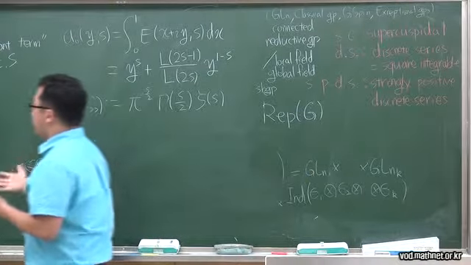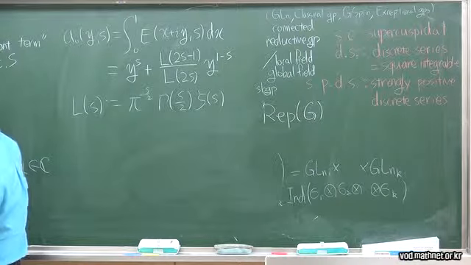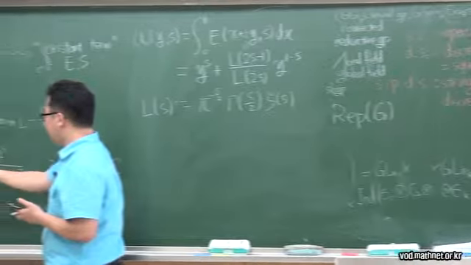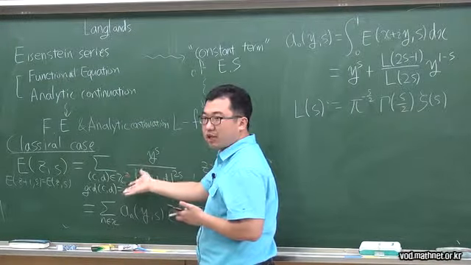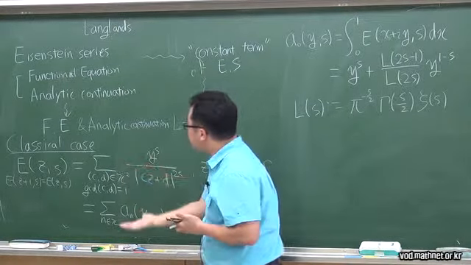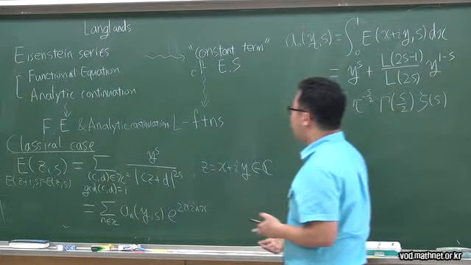So what Langlands did is generalize this to any connected reductive group. We can consider this as a series on SL2(Z) quotient by some Borel subgroup, and then generalize that group to any connected reductive group, and also calculate the constant term.